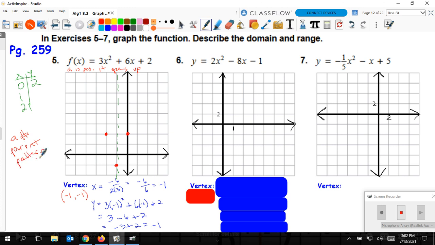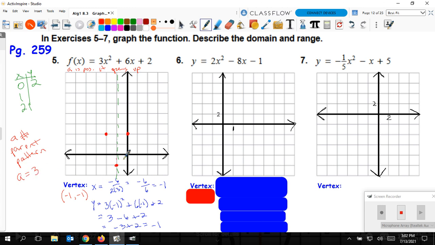Now this is my own thing that I've figured out myself, to make graphing these parabolas a little bit faster and easier. The a number parent pattern. So 3 is our a number on this one. a is 3 here.